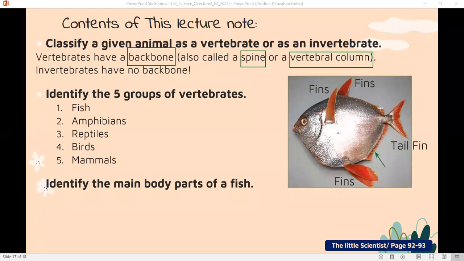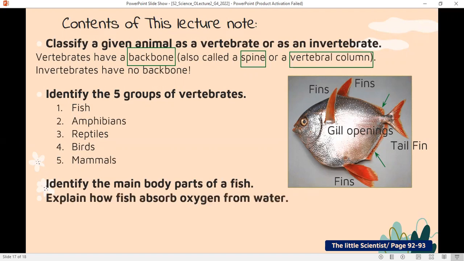This is a fin, this is another fin, okay? Fish use their fins to move. Here is the gills opening.